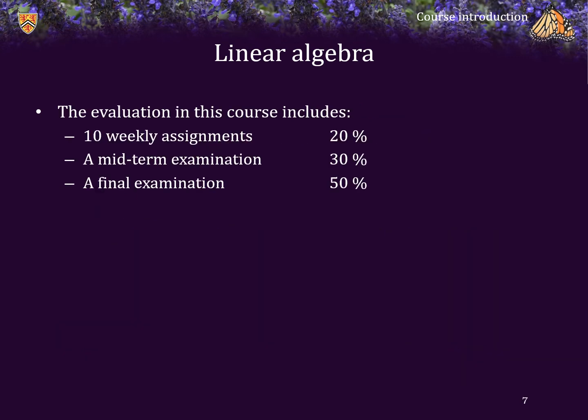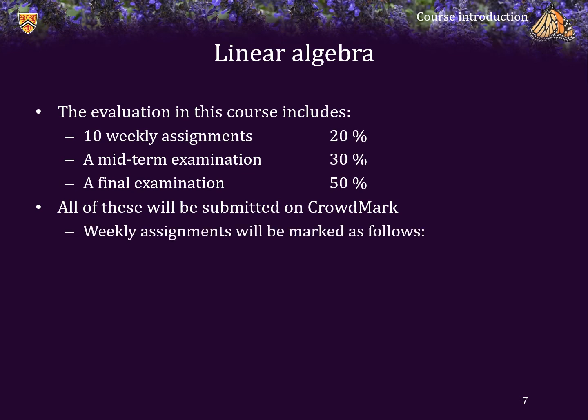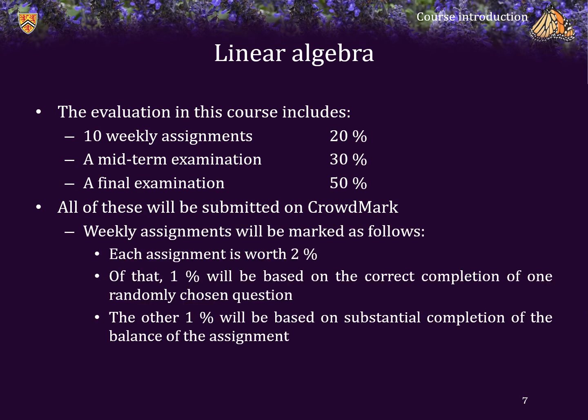Now, the evaluations of this course will be as follows. There are 10 weekly assignments worth 20% altogether. There's a midterm examination worth 30% and a final examination worth 50%. All of these will be submitted on CrowdMark. The weekly assignments will be marked as follows. Each assignment is worth 2% of your final grade.